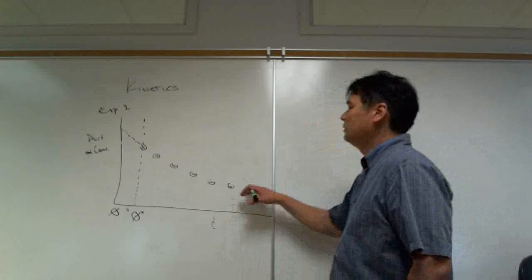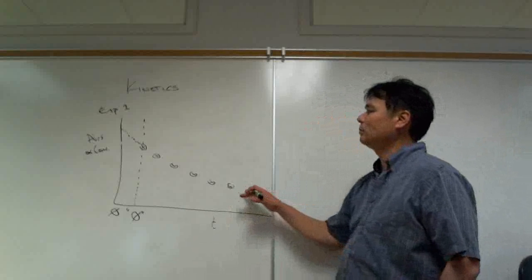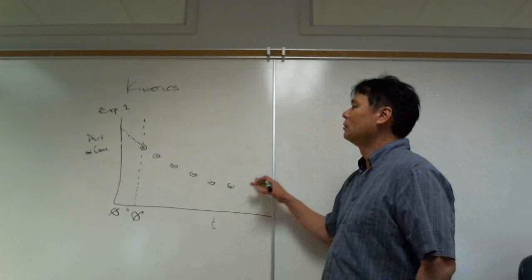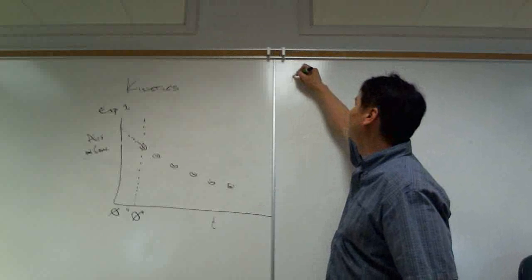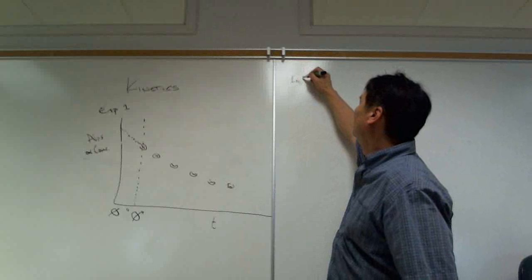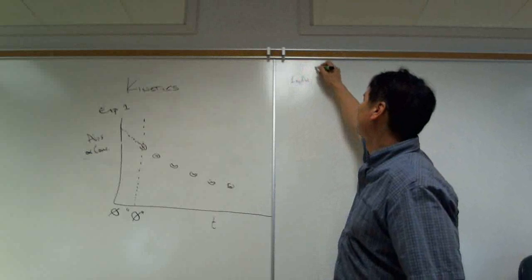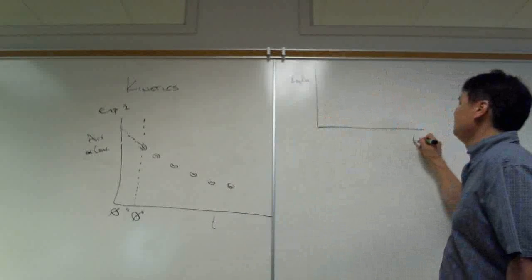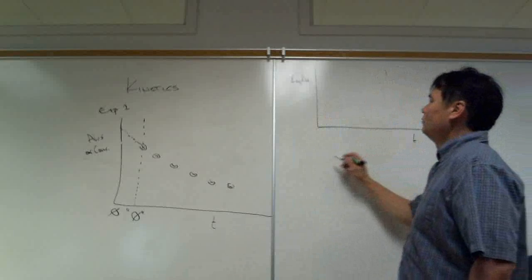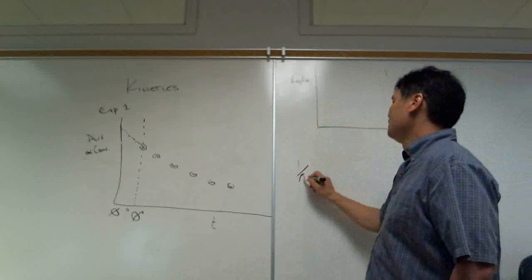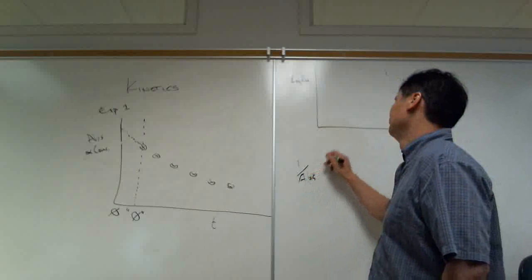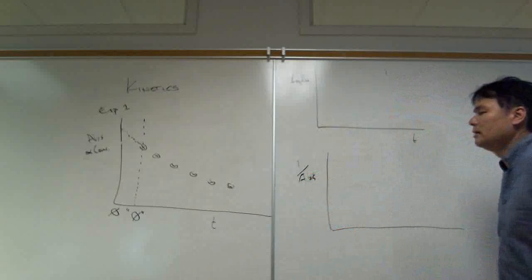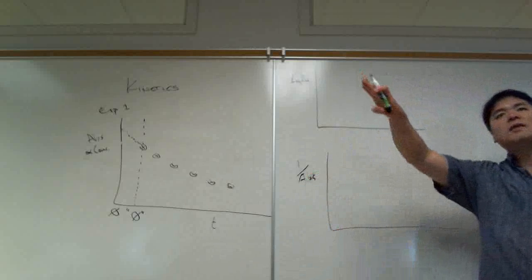And to help answer that, we're going to make two more plots in addition to this. We're going to plot the absorbance versus T. We're going to plot the log of the absorbance, or the natural log of the absorbance, either one, versus T. And we're going to plot 1 over the absorbance, so 1 over the concentration, versus T. This is going to make it a lot easier than trying to eyeball the curve.